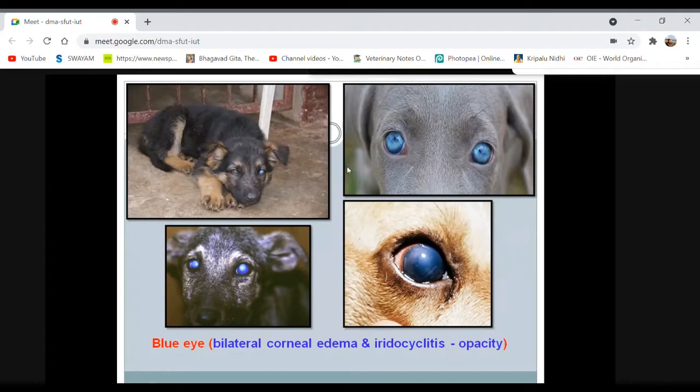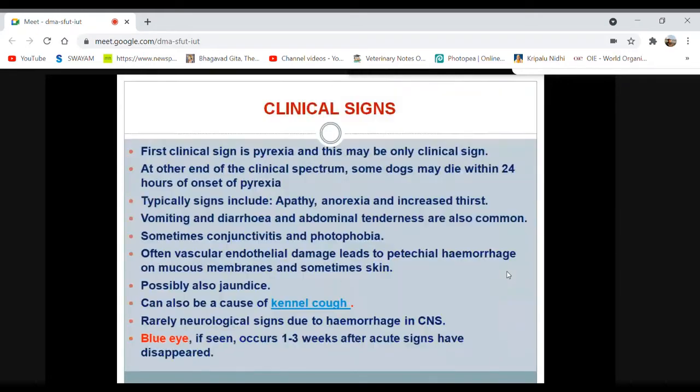So this is very typical, and mostly it is bilateral. If it is there, along with temperature and jaundice, and they are also very weak and showing depression, then you can suspect the disease infectious canine hepatitis.